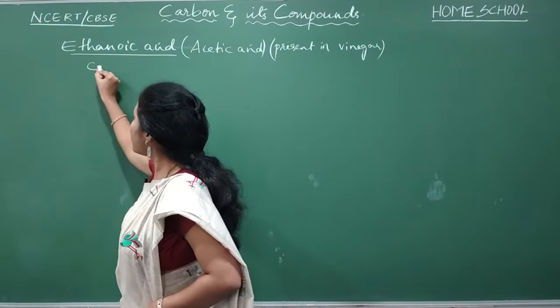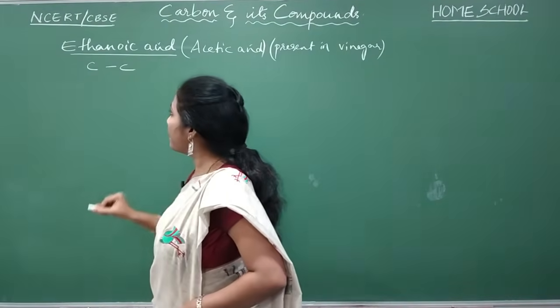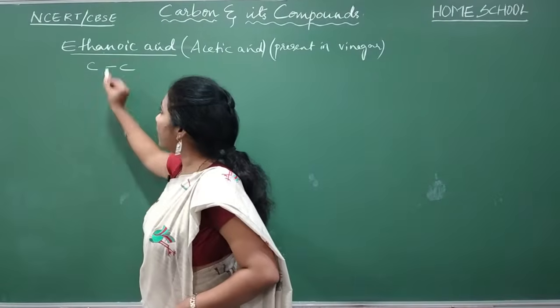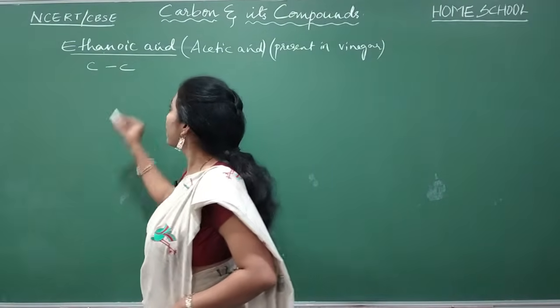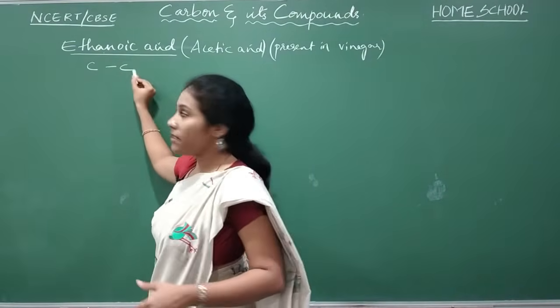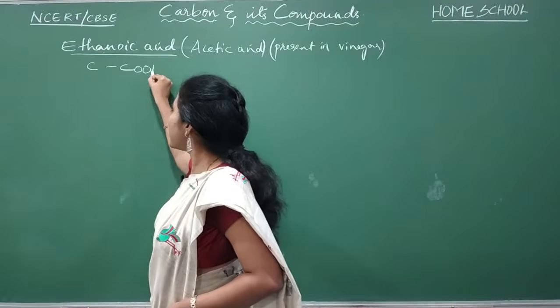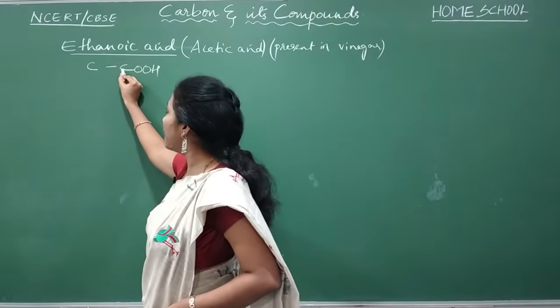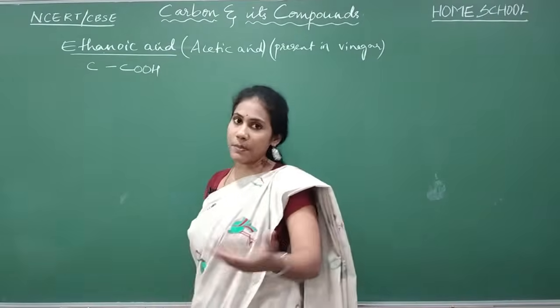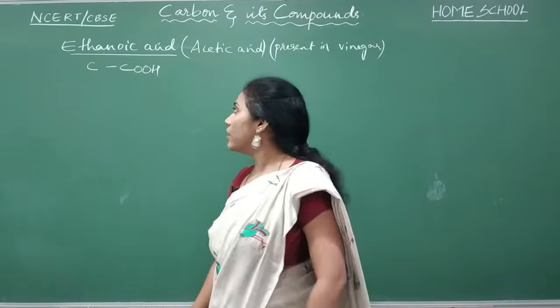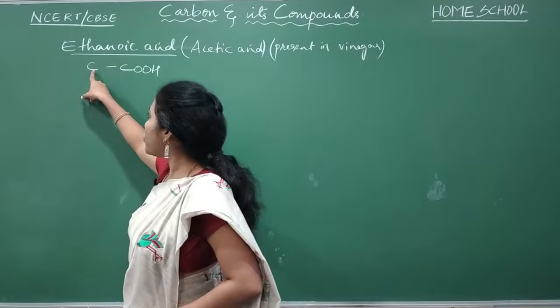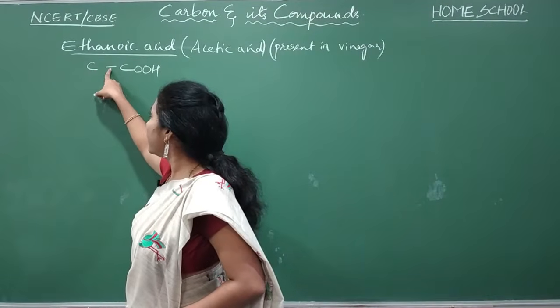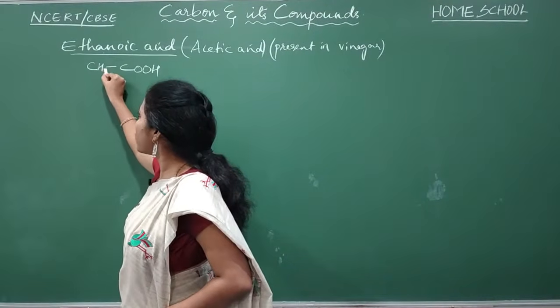Eth in the sense two carbons, isn't it? Ane, single bond between carbon. Oic acid, COOH is the functional group. Between the two carbons, one of the carbons itself is present as a functional group. Then how many hydrogens do you have to put for this carbon? Already one bond is there now, so CH3.